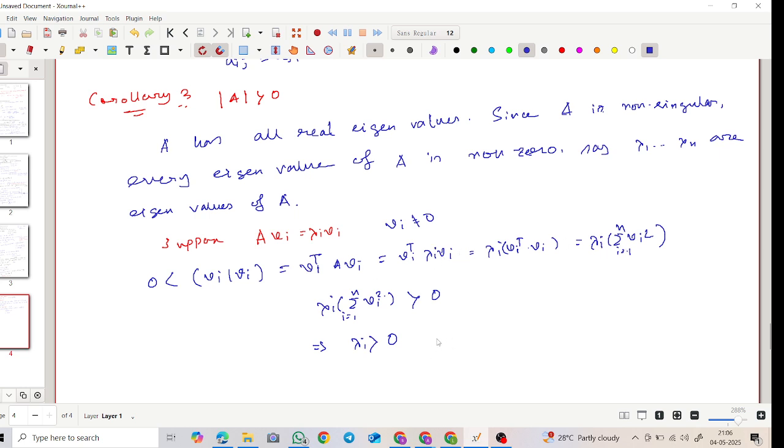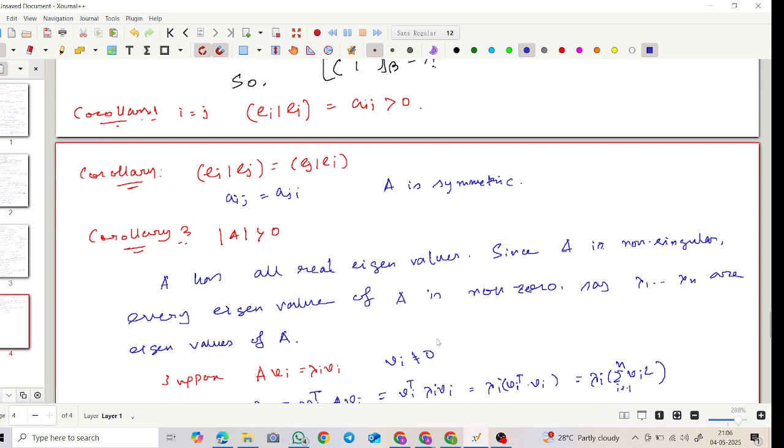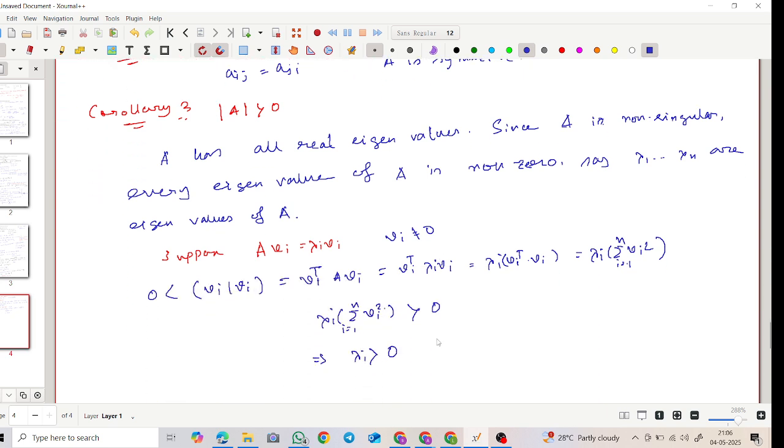So you see, any eigenvalue of a positive definite matrix is positive. The path was: from the positive definite matrix we defined the inner product, and from the inner product we see that the matrix is symmetric. Since it is symmetric, all the eigenvalues are real.